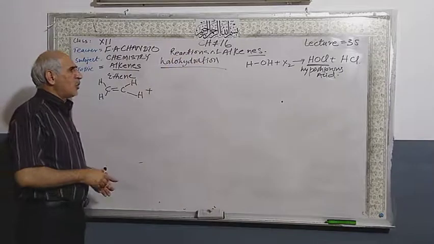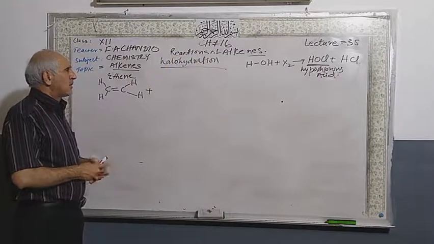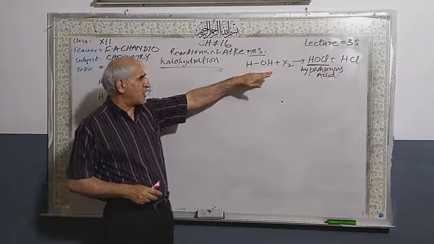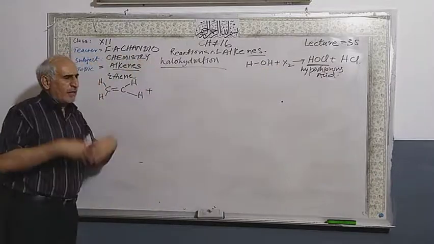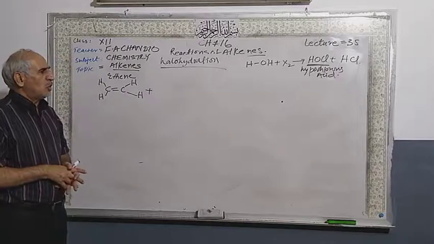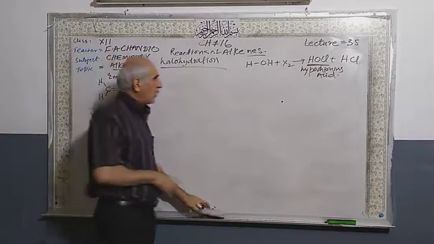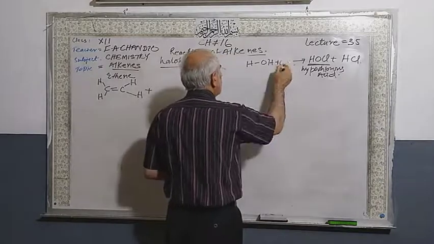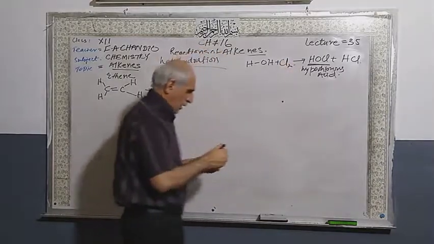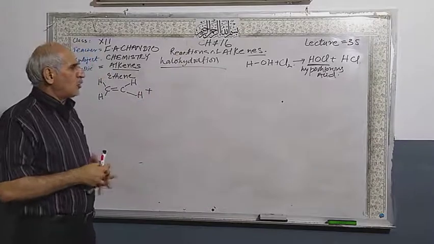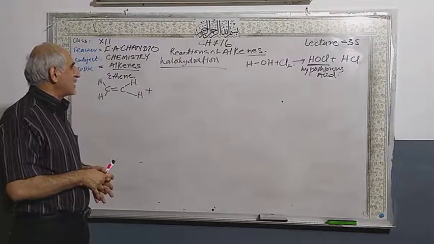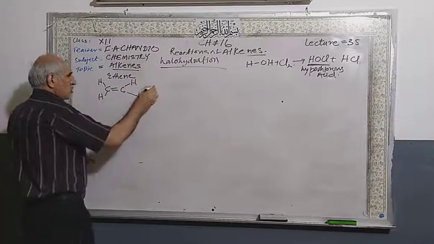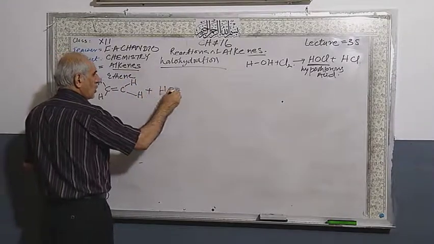This is given in your book, the direct addition, but I write it separately here. So when water adds to a halogen molecule, if you add chlorine, you will get hypochlorous acid. But if you add another halogen, you will get hypohalous acid. That's why we call it halohydration. So this hypochlorous acid.